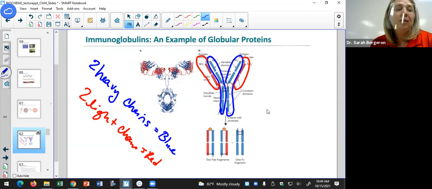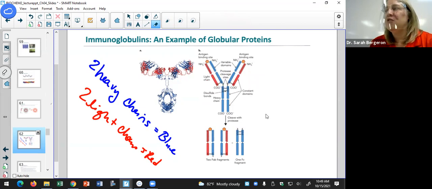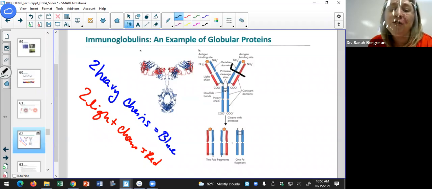Okay, so where on this antibody do we recognize the antigen? At the antigen binding site. We have that in both the heavy chain and the light chain. You see where it's kind of zigzaggy? That's your antigen binding site.